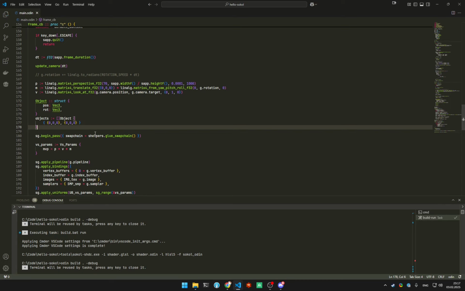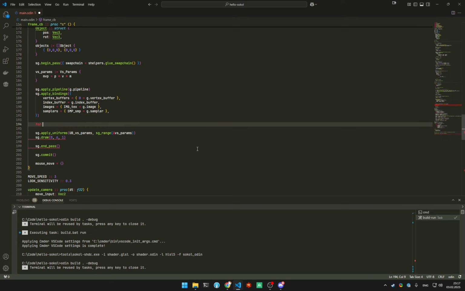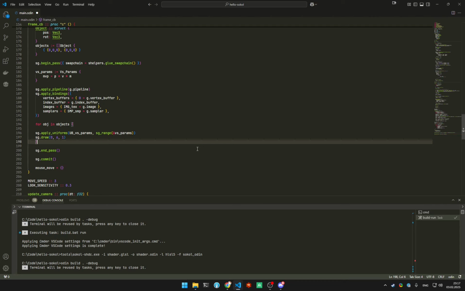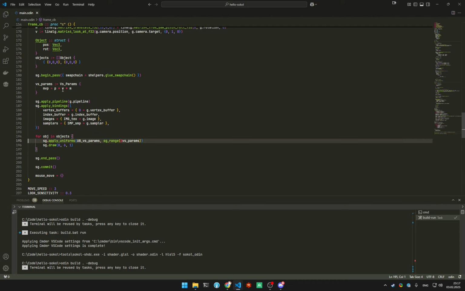And now what we want to have is to do this stuff in a loop. So for object in objects, we want to do this draw call, but what we want to do is construct new vs params.